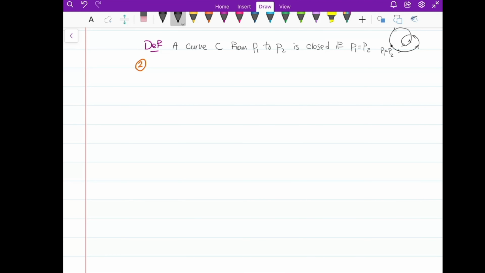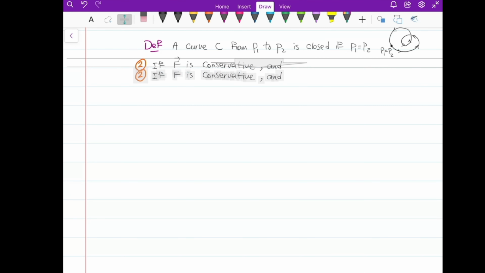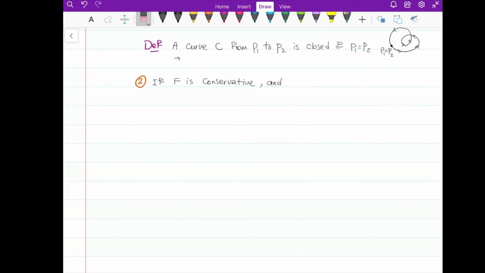We say that if f is conservative and the curve C is closed, then the integral of the vector field over the closed curve C is equal to 0.